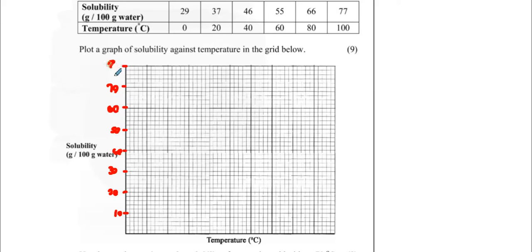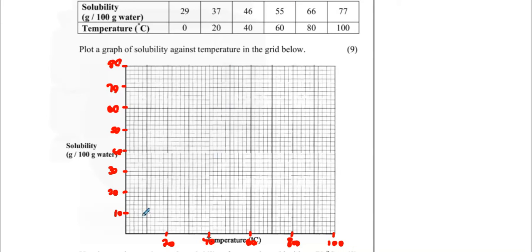And that can be 80. So every 2 blocks is like 72, 74, 76, 78, 80. So remember, it goes up in 2 blocks. Now I have to go up in 20s on the bottom. Shouldn't be a big issue at all. 20, 40, 60, 80, and 100. Yep, that will work out nicely.